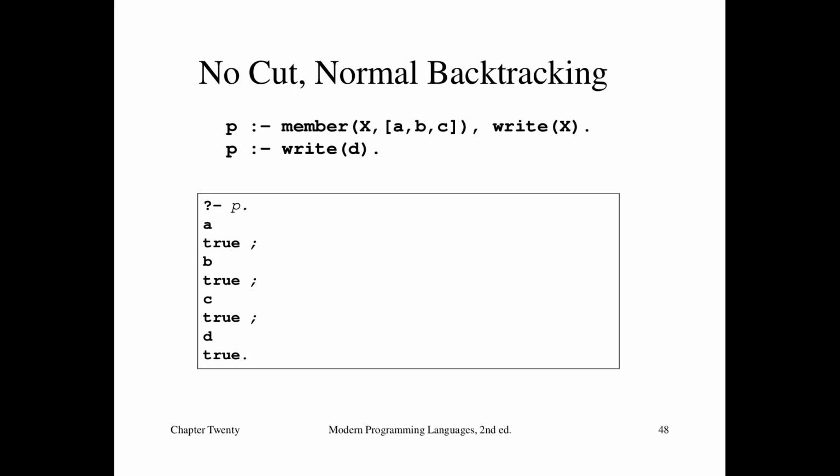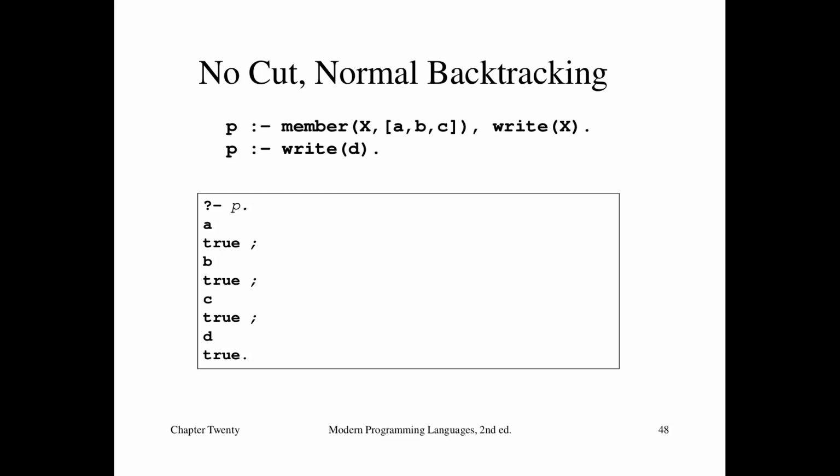We're defining the predicate P to be member, with a variable X and then the list, and then we have write X. Normally, if we were to run this with no cut, as long as we kept pressing the semicolon, it would walk through the entirety of the list and substitute those values for X, and then write them out one at a time, and finally write D at the end, when there's nothing left.